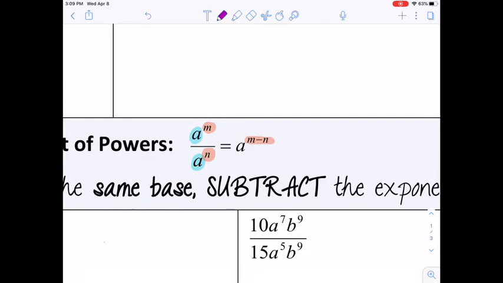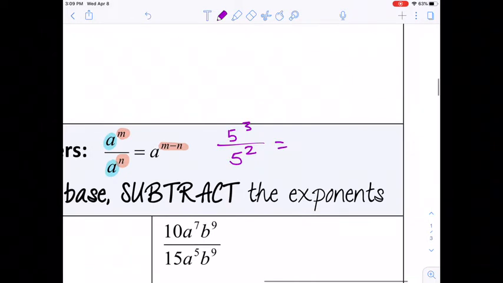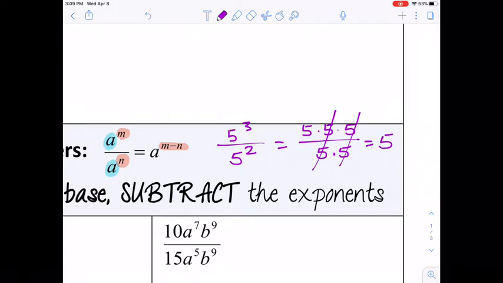And that makes sense because if I had 5 to the third over 5 to the second. Well, 5 to the third is 5 times 5 times 5. 5 to the second, 5 times 5. Notice these two 5s make a 1. 5 divided by 5 is 1. These two 5s make a 1. So I'm only left with 1 5. And 3 minus 2 is 1. So we just subtract.